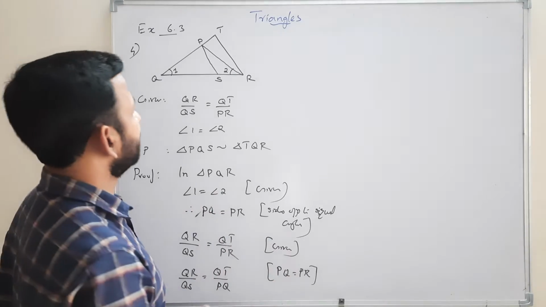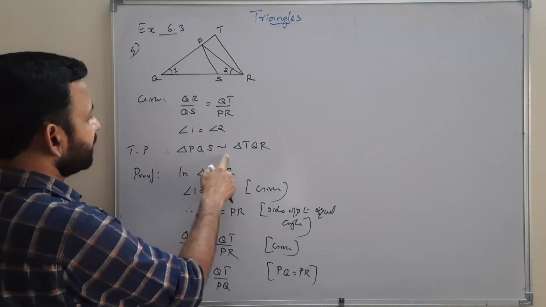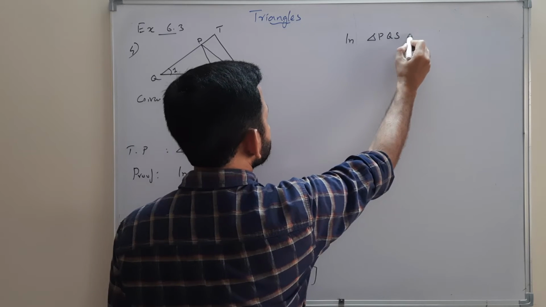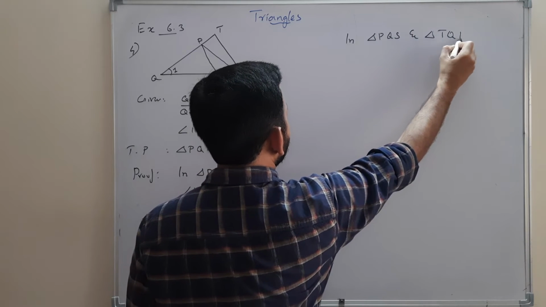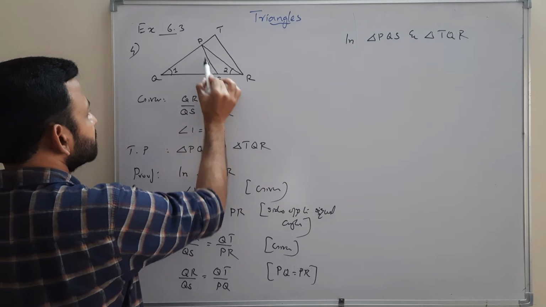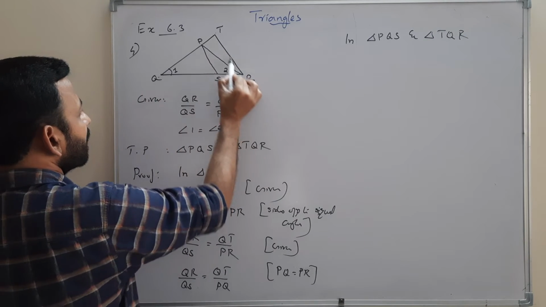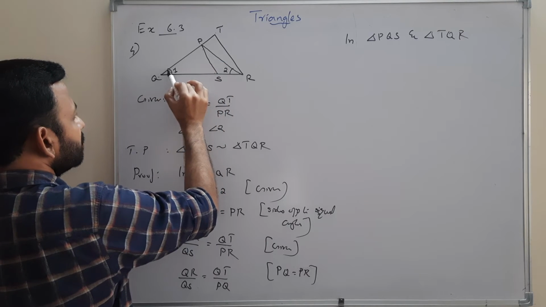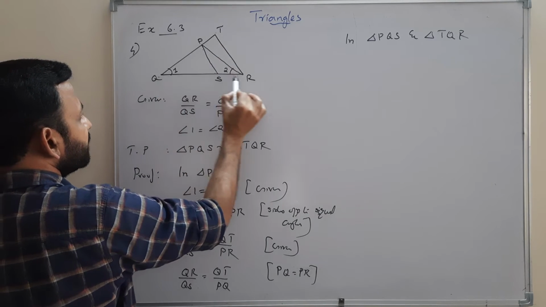Now we can write the triangles. In triangle PQS and triangle TQR, angle Q of triangle PQS equal to angle Q of triangle TQR.